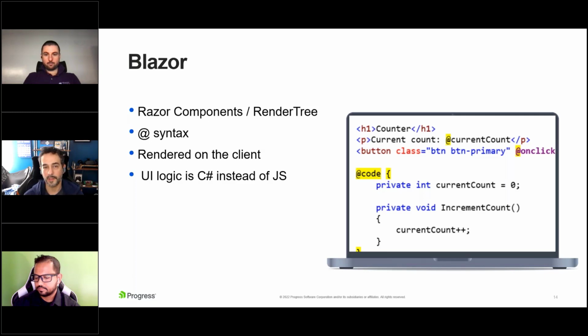Blazor creates a node graph, which is called a render tree. So these things are handled quite differently. So you'll see in a few minutes where they can and cannot be interchanged. It also uses that Razor style syntax, the opportunity to render on the client, and again, C# over JavaScript here.